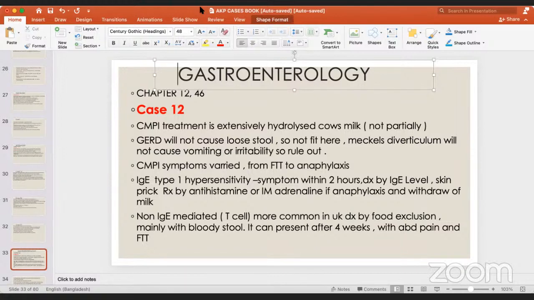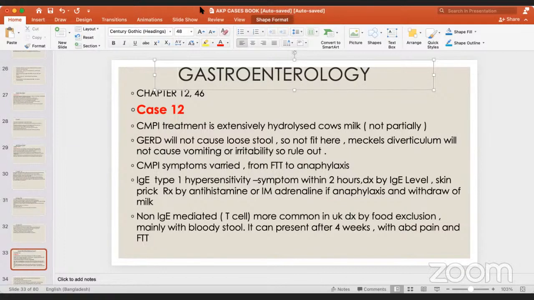So in this case, the baby has irritability, vomiting, and blood-stained stool. She was born at term and birth weight was good. She was exclusively breastfed, and sometimes top-up formula was given. So largely breastfed, largely means most of the time she was having breastfeed, but sometimes top-up formula was given.